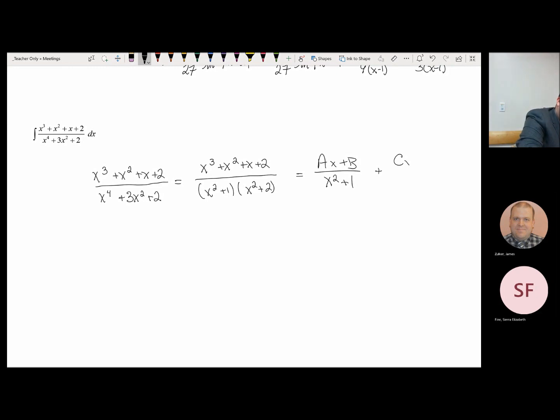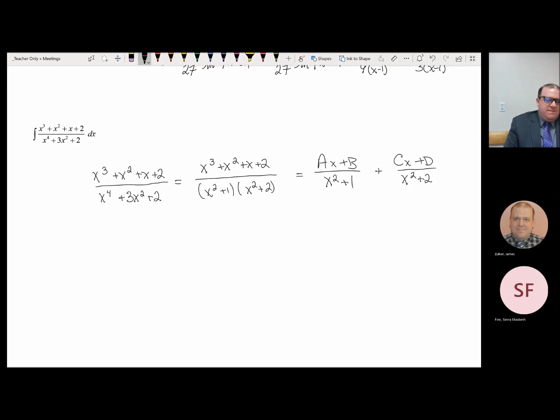It will contribute cx plus d over x squared plus 2. Again, you want them as proper fractions, which means the numerator is linear. So it has to be ax plus b.